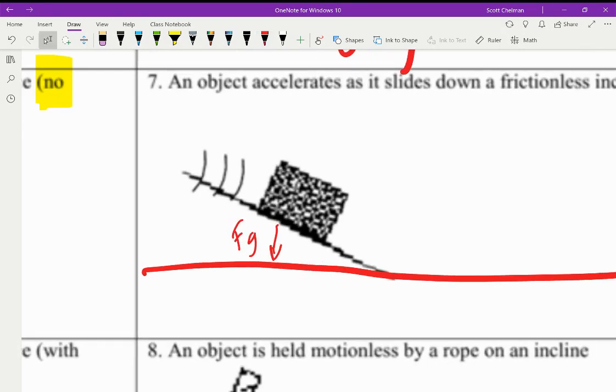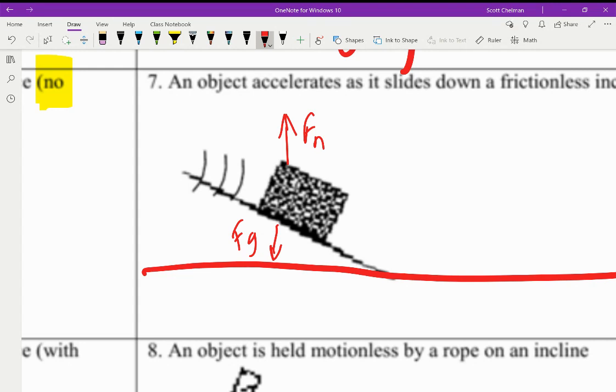So it's not working perpendicular to that box necessarily, but it is still working perpendicular to the Earth. That means that the normal force is 180 degrees opposed to the gravity. It's going to go here.